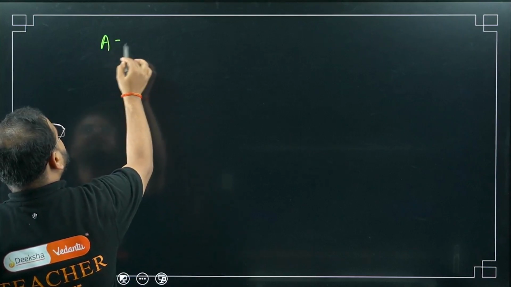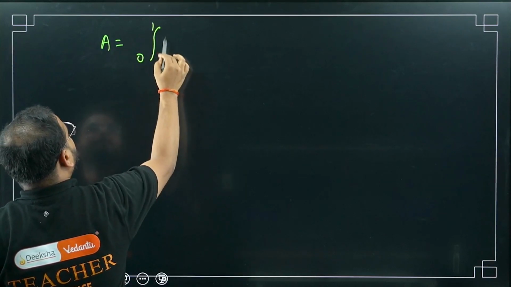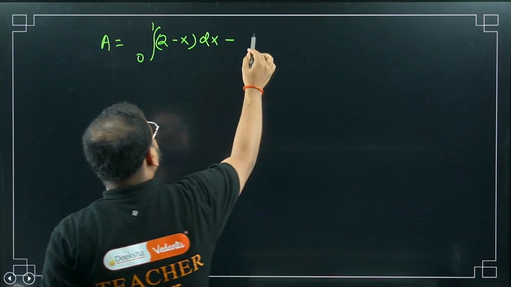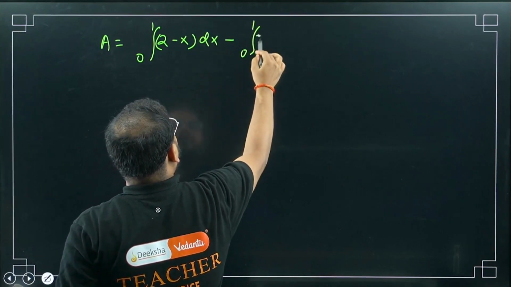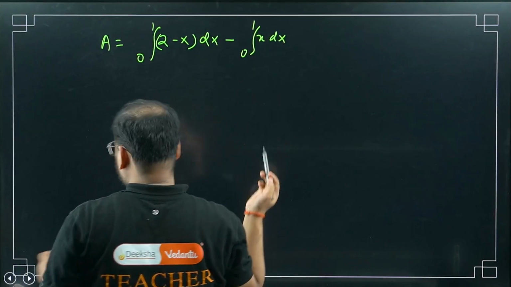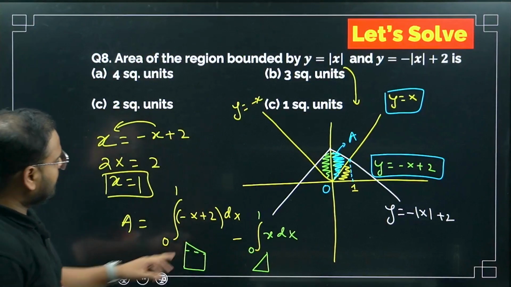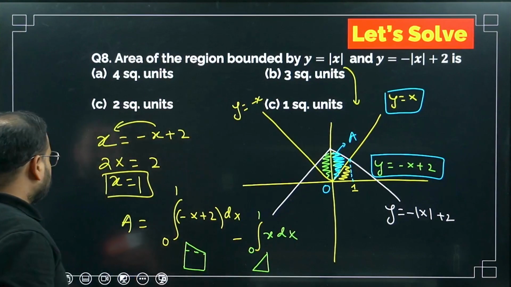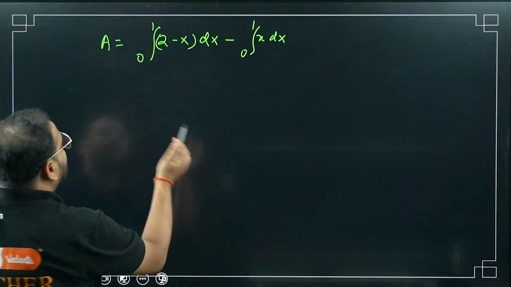I'll write it again. So my area A is looking like this: from 0 to 1, 2 minus x dx, minus from 0 to 1 x dx. Yes or no? Check. Minus x plus 2 is there, so I can write that as 2 minus x, and minus x dx. The limit is the same, 0 to 1, no problem. Let's do the integration.